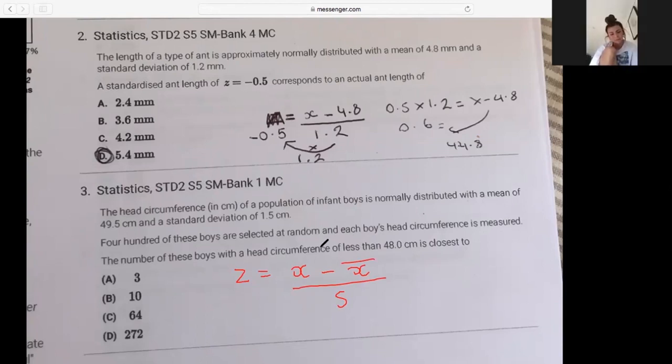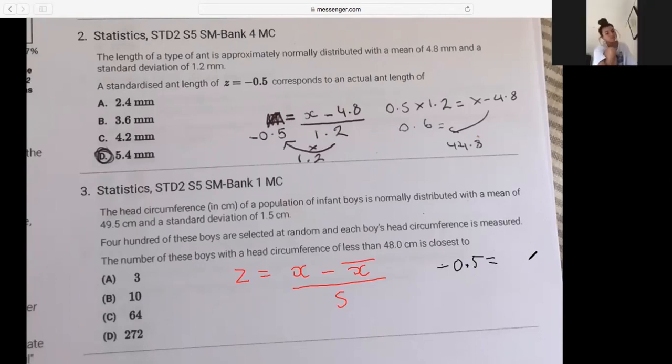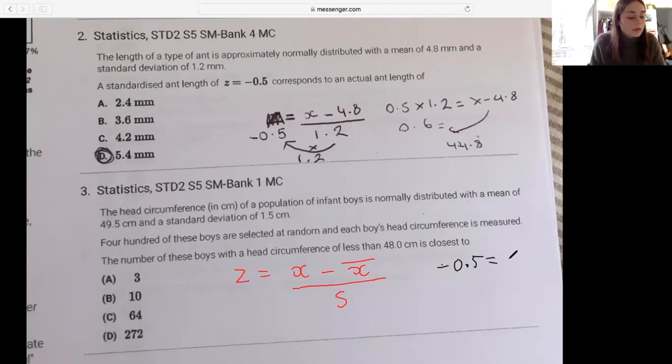Yeah. And then we've got a Z score of negative 0.5 equals... I think you might have got it right though. 4.8 is our mean over 1.2.